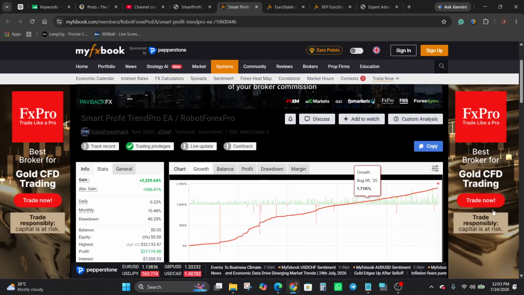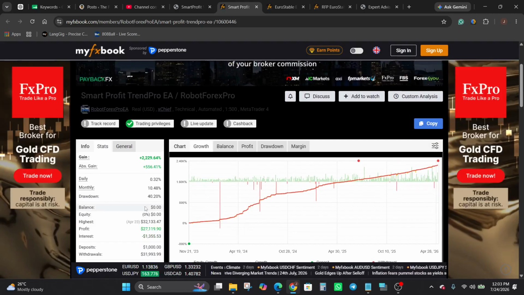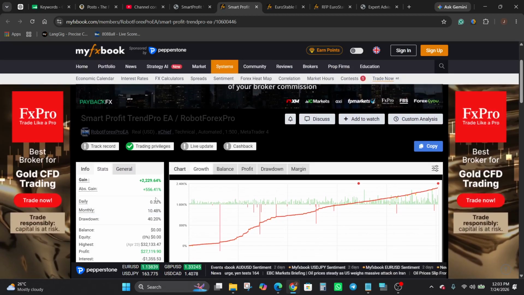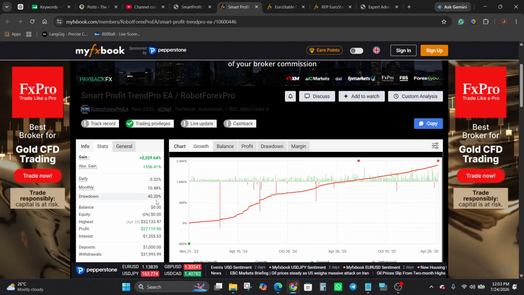So the drawdown number is worth sitting with for a moment. At just over 40%, it is on the higher end of what we have looked at across a number of EAs, and of course across the list of EAs so far on this website.